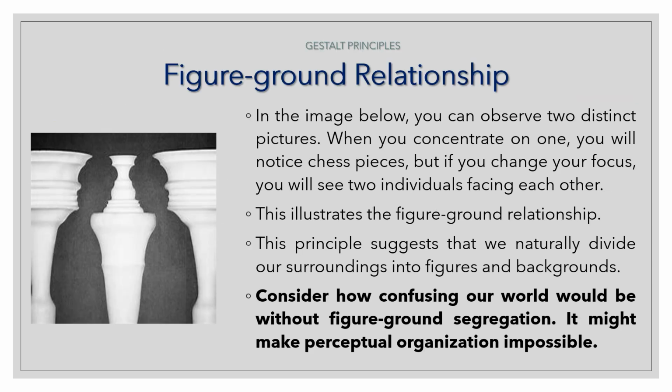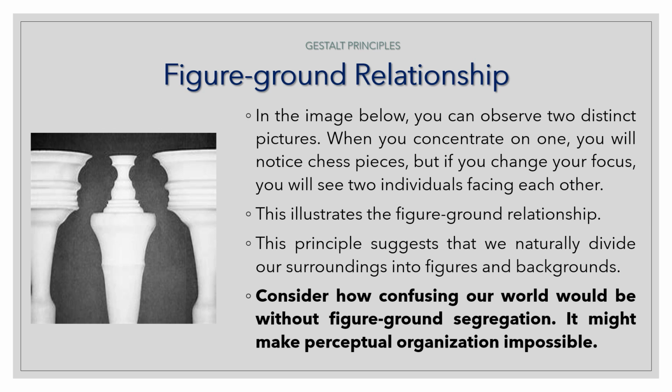They gave the figure-ground relationship, like the shape and the background area. You can see in this image, you can observe two distinct pictures. When you concentrate on the black part, you can see two people bent towards each other.